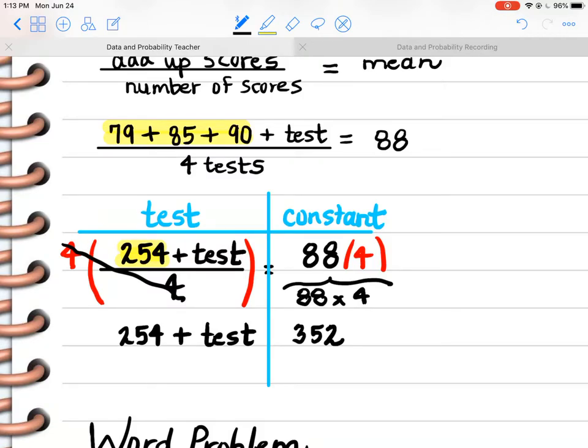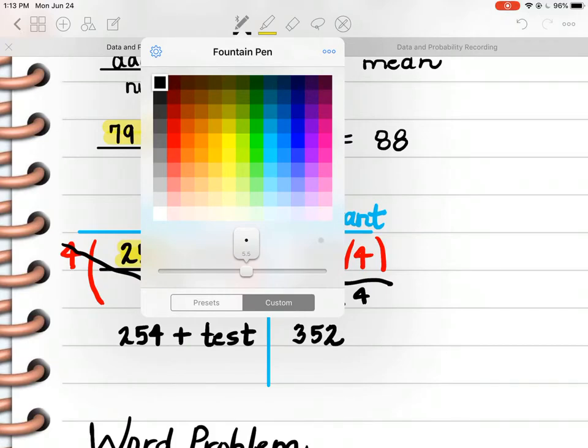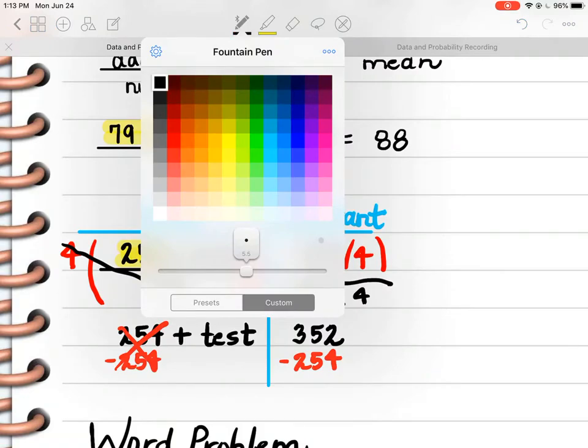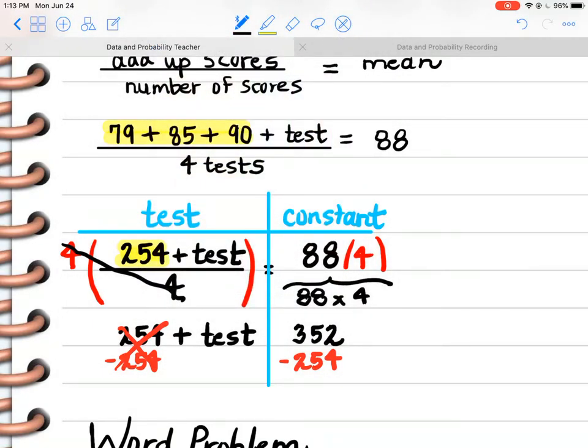And then the last thing I need to do is get rid of that 254. And I'm going to do that with subtraction per the rules of algebra. Again, if you haven't had algebra, I suggest that you go complete that course and then come back to this one. It will be much better. So the test that I still have to take needs to be 352 minus 254.